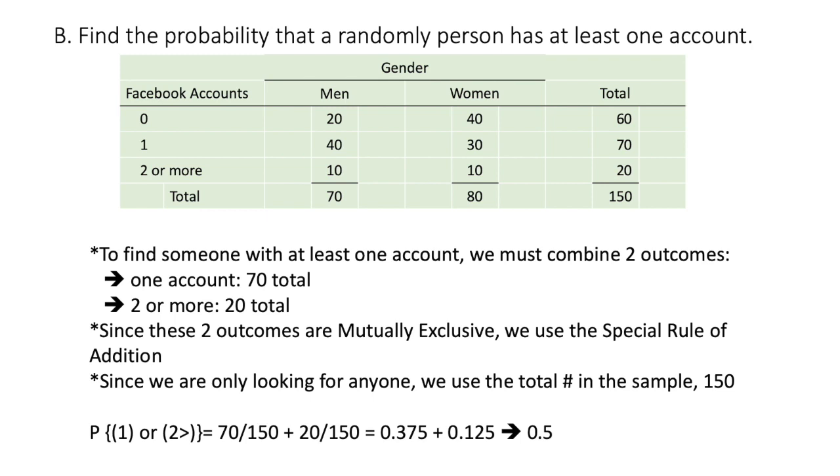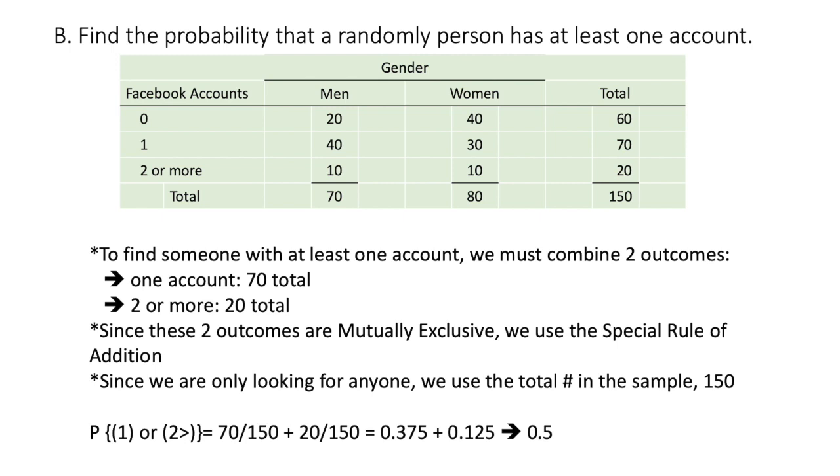We're looking for the probability that you have 1 or 2 or more accounts. Well, the probability that they would randomly select someone that has one account is 70 over 150. And we're going to add to that the probability of selecting someone with 2 or more, 20 over 150. So you get 0.375 plus 0.125, or our probability here is 0.5.